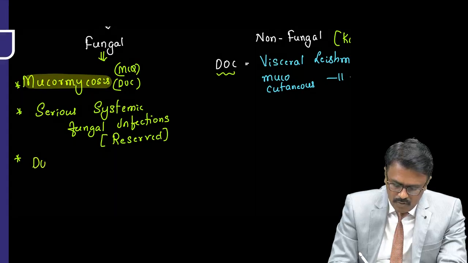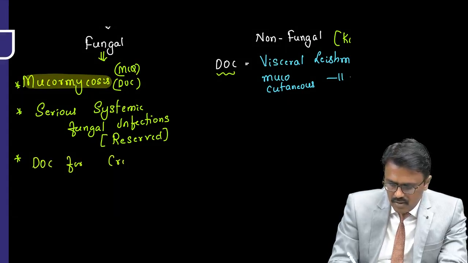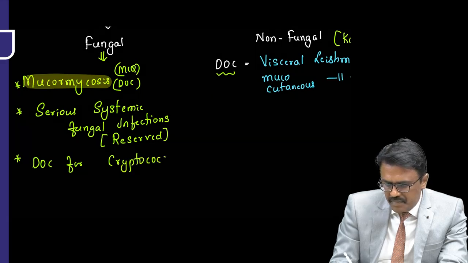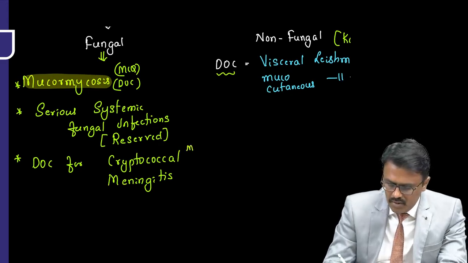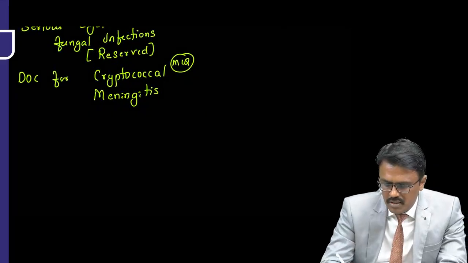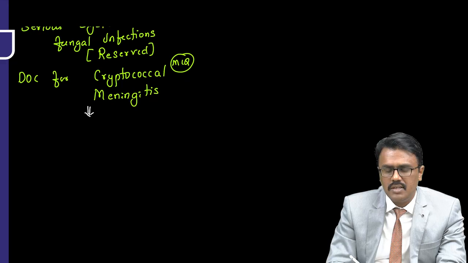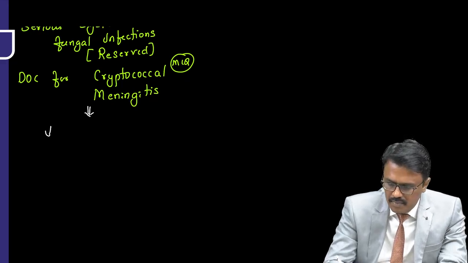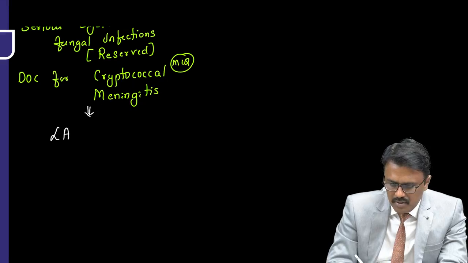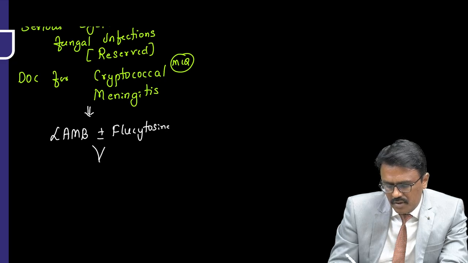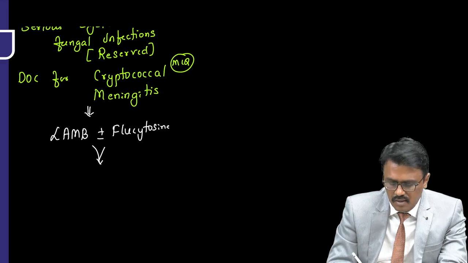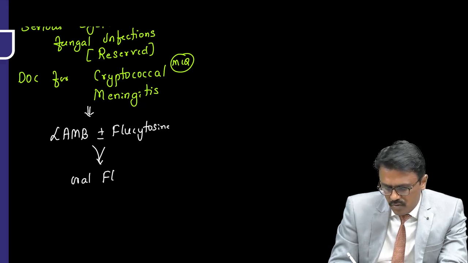It is also the drug of choice for one more condition, cryptococcal meningitis. So this is again a question for you. Now what is the combination we usually give? In cryptococcal meningitis, we use LAMB, liposomal amphotericin B, plus or minus flucytosine. These are given, and after the patient is stabilized, you can shift the patient to oral fluconazole.